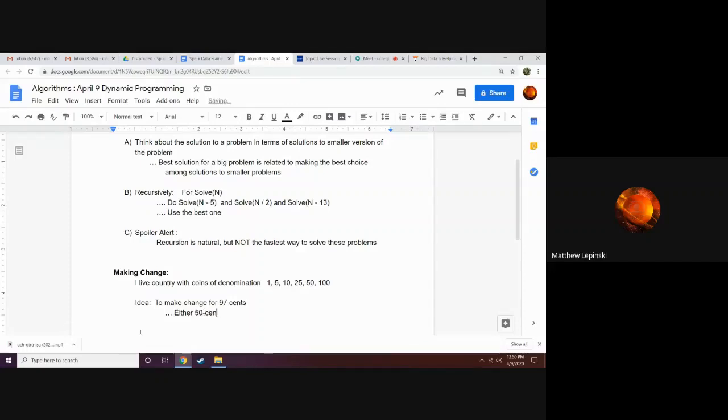It's either a 50-cent piece plus change for 47 cents, or a quarter plus change for 97 minus 25 cents, which is 72 cents.